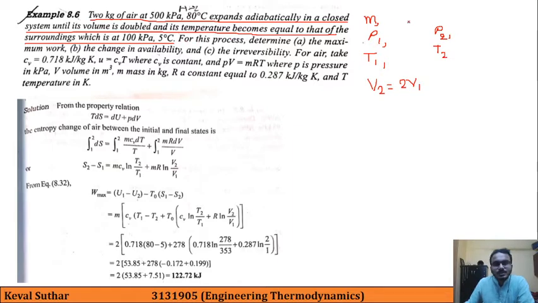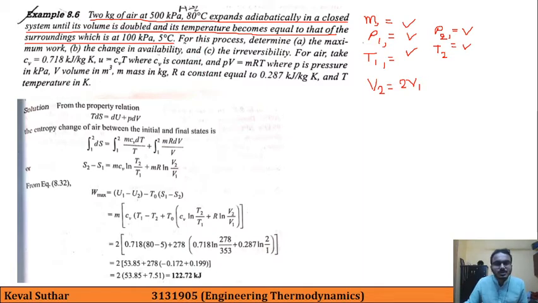So this is the process. These are all given values which are known to us here. So these 5 values are given and we are only given the ratio of final and initial volume, that is 2.